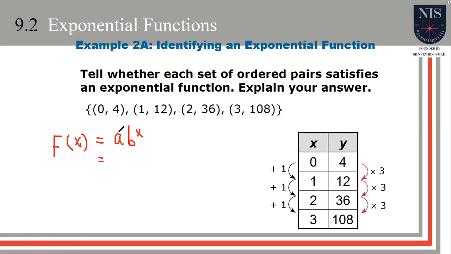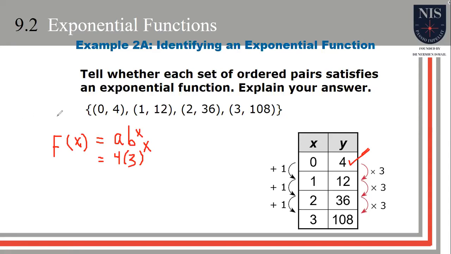Okay, a represents the first number, the starting value, so it will be equal to 4. After that, b represents the constant ratio every time. The constant ratio here was 3, right? All to the power of x.